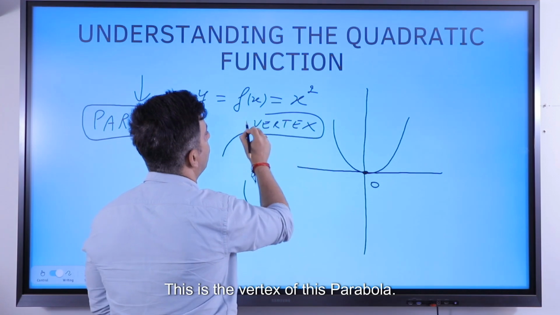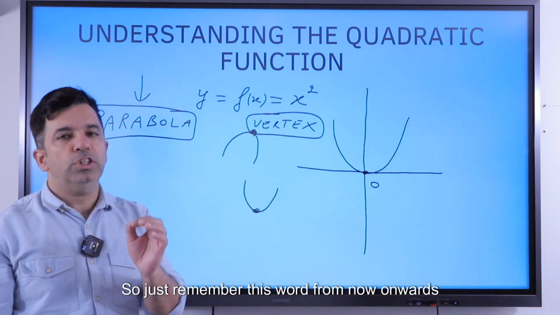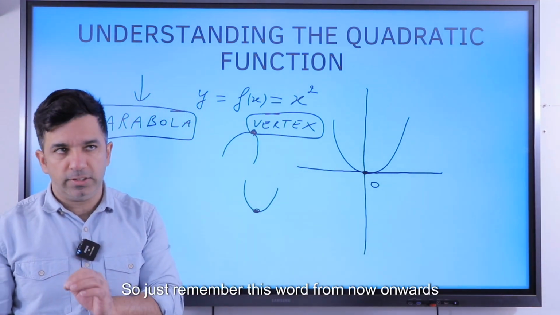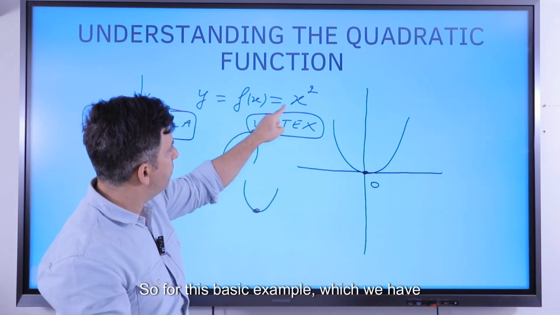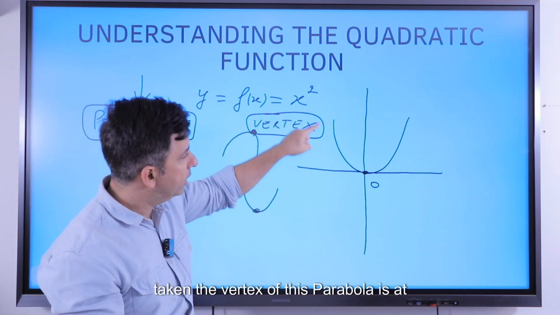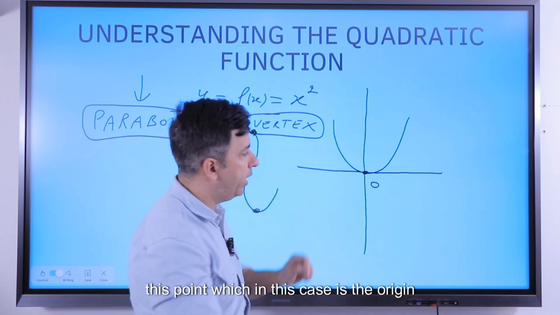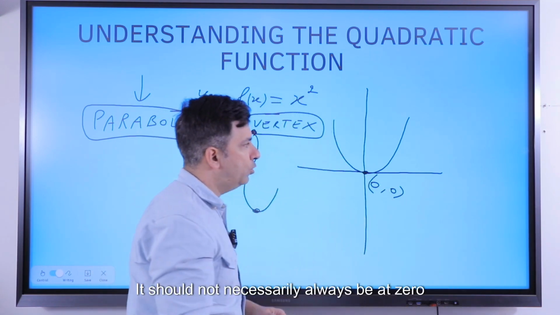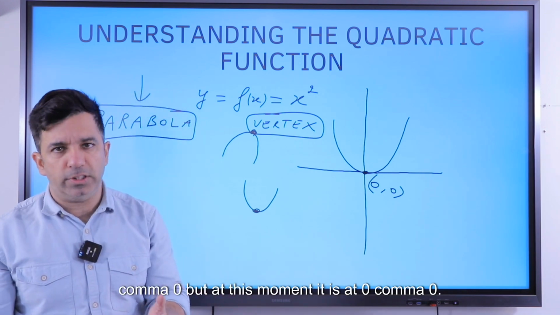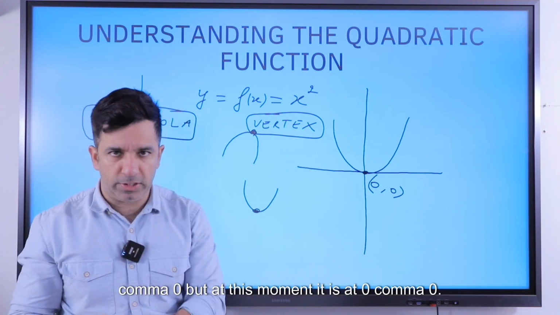V-E-R-T-E-X. Just remember this word from now onwards. For this basic example which we have taken, the vertex is at the origin, which is (0, 0). It does not necessarily always have to be at (0, 0), but at this moment it is at (0, 0).